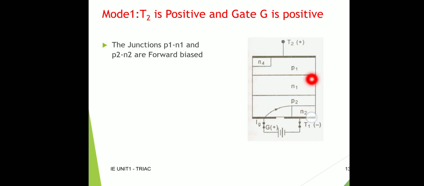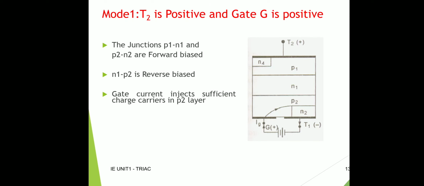The N1 P2 junction is reverse biased. P2 N2 is forward biased.